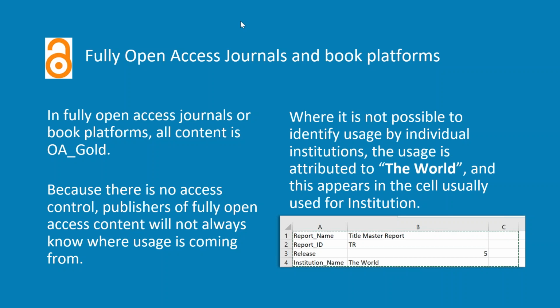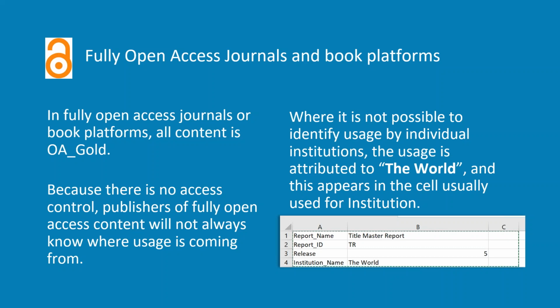I'll also mention a little bit about open access books. Increasingly, institutions are interested in usage statistics of open access books, and a lot of this interest has been fueled by initiatives such as Knowledge Unlatched, where libraries contribute funding to unlatch books and make them open access.